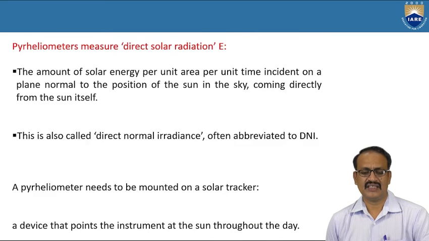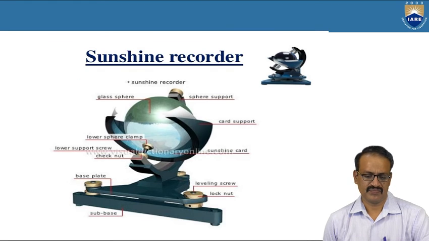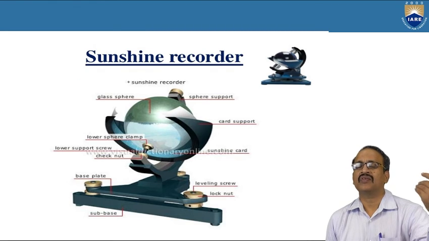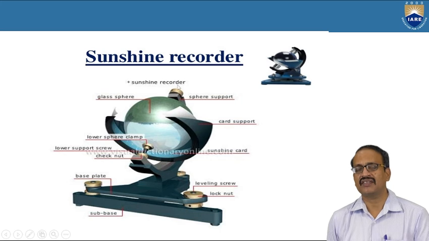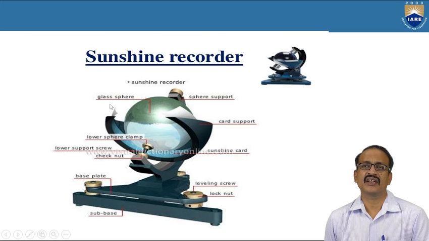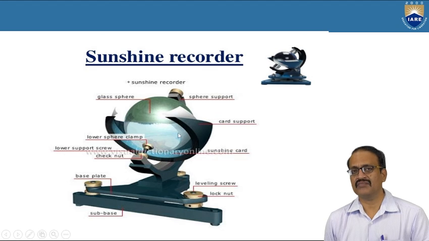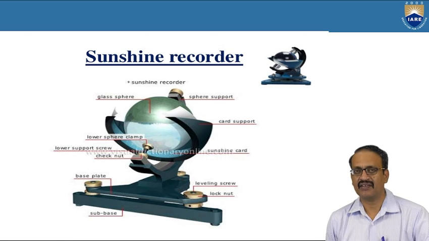And after this, the sunshine recorder. It will record the number of sunshine hours. The sunshine recorder is a very nice, beautiful looking glass sphere. It is supported just like a globe on your table. You might have seen a world globe, just like that.